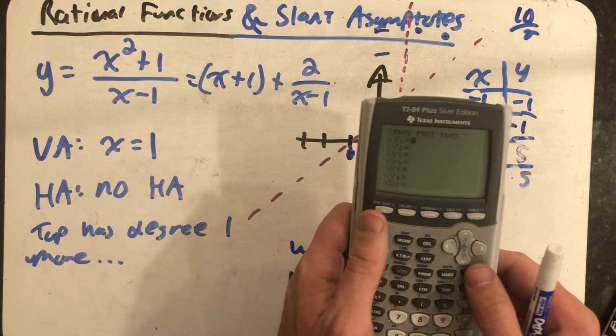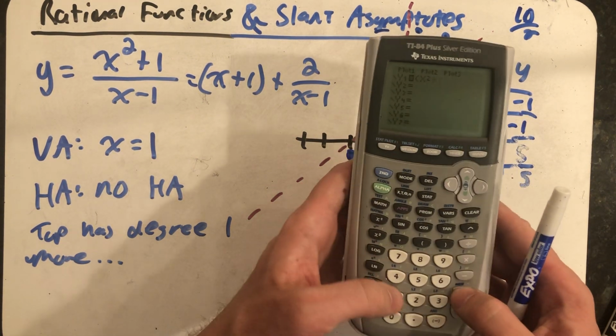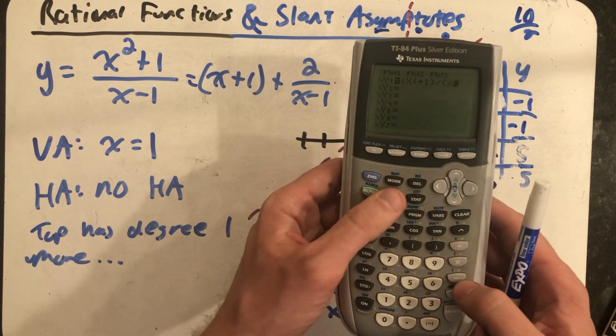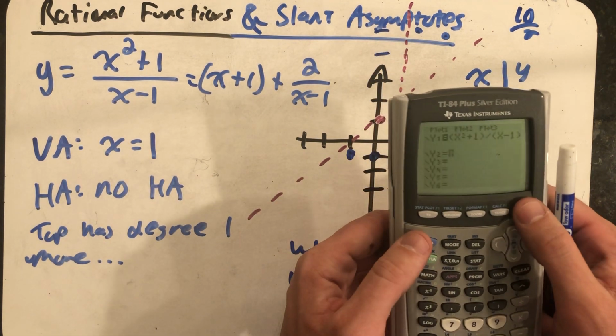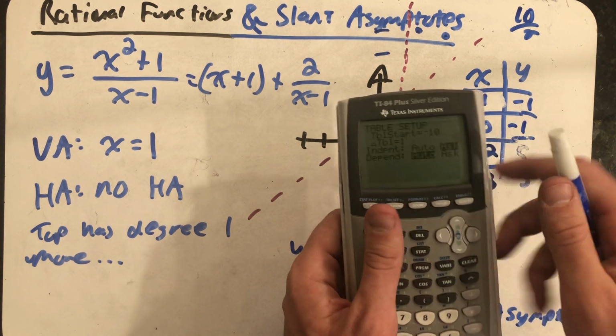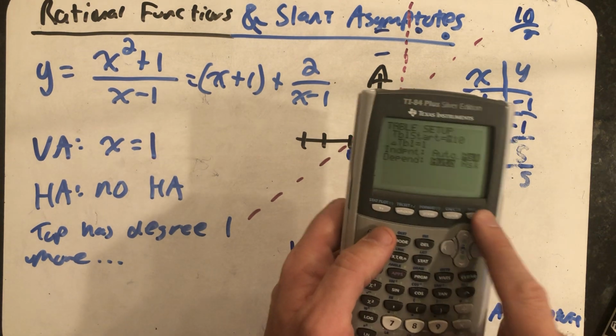All right, so let's plug in some values to this function to help us out. I'm going to go to my TI-83 to make this a little easier to see. So I have x squared plus 1 divided by x minus 1. I'm going to use the table feature of my graphing calculator to find some values. I have it set up to ask me what the independent variable should be so that I'm in control of what goes in the table.